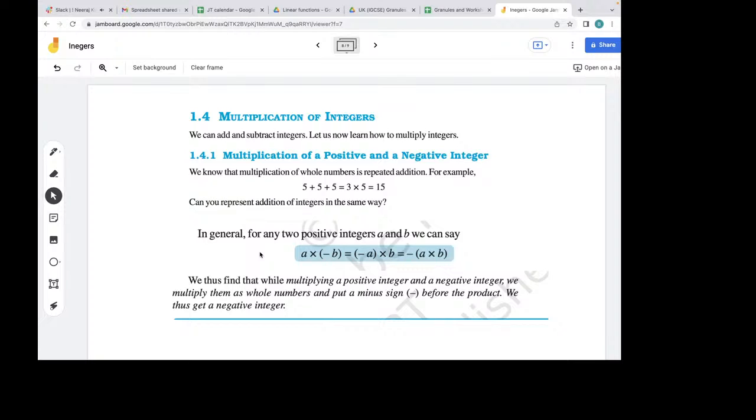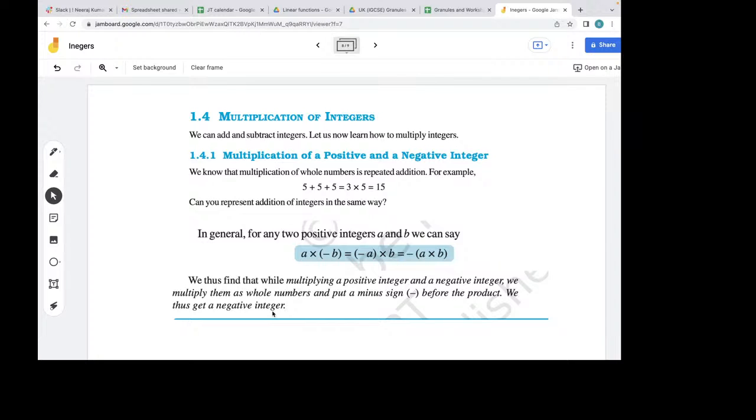So in general, for any two positive integers a and b, we can say a times minus b is equal to minus a times b, which is equal to minus (a times b). What does that mean? We thus find that multiplying a positive integer and a negative integer, we multiply them as whole numbers and put a minus sign before the product. We thus get a negative integer.